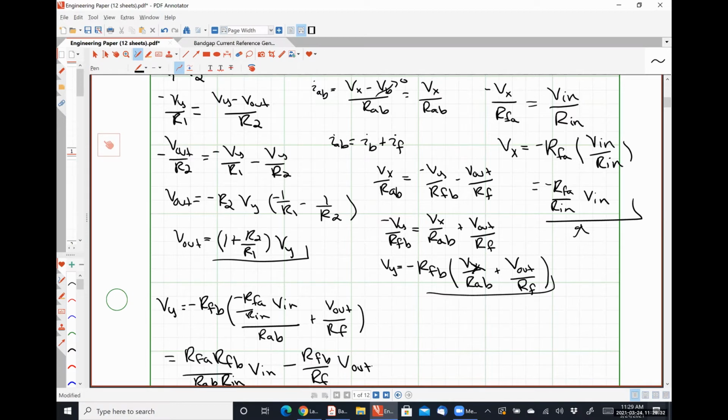Okay, all I did was multiply out that negative RFB, and then RAB, I just multiplied by the reciprocal, right? And so that goes into the denominator.